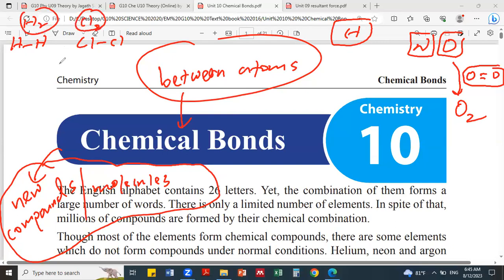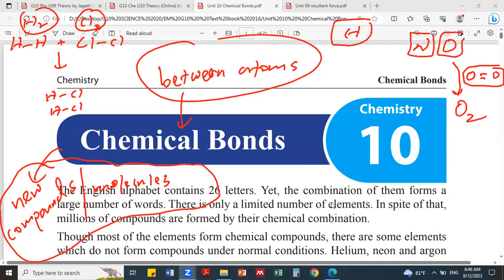Now, when these two react or combine, what do you get? 2HCl. That means this hydrogen atom goes with this chlorine, and the other hydrogen atom goes with the other chlorine. That's how you get HCl. So in order to form a new bond, the existing bonds should be broken down.